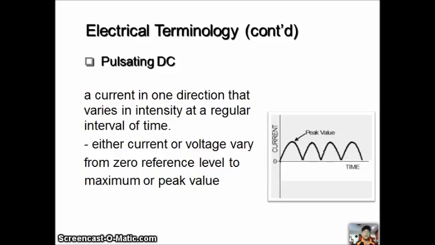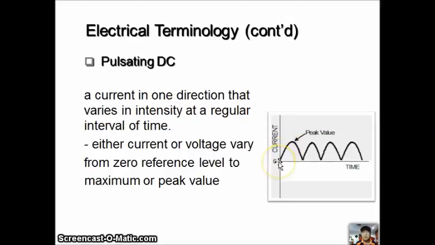And second, we have the pulsating DC, and here you can see it's a wave, but it only occurs on one side, the positive side. That means the electron can flow in one direction alone. What makes it different is the rate of flow changes.